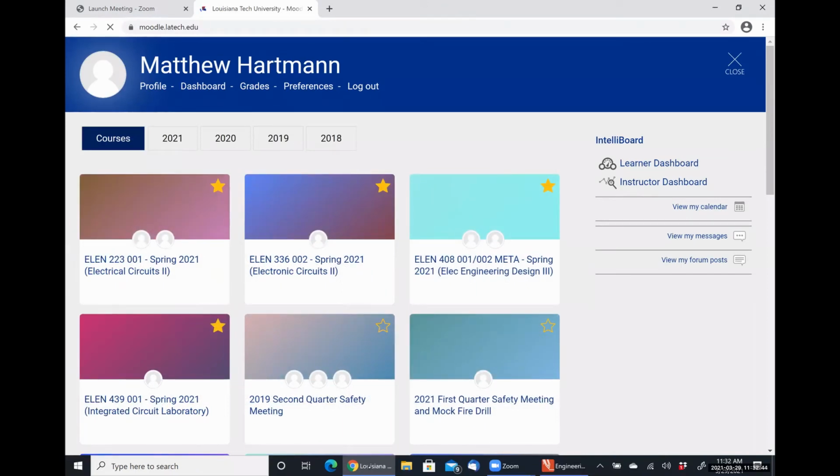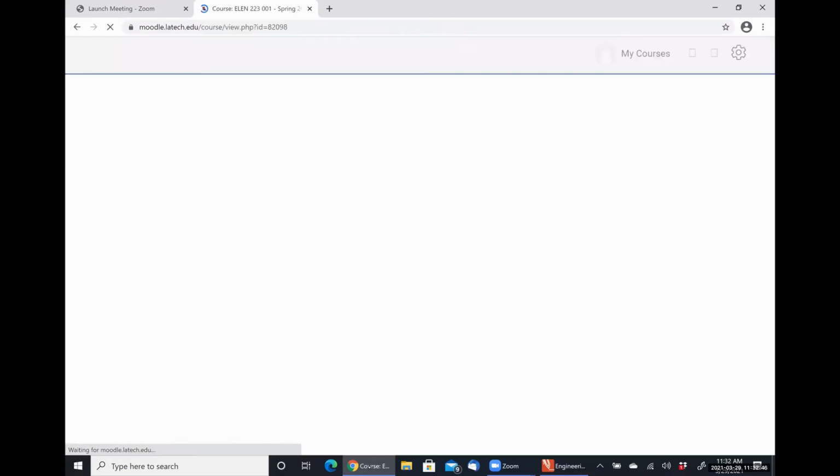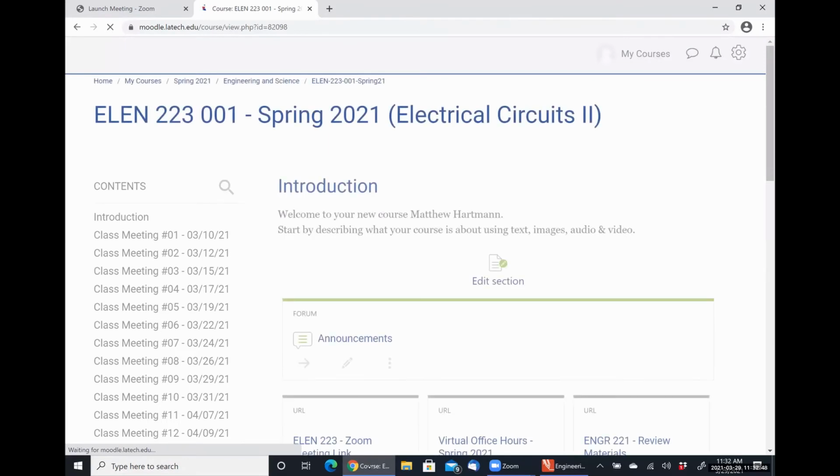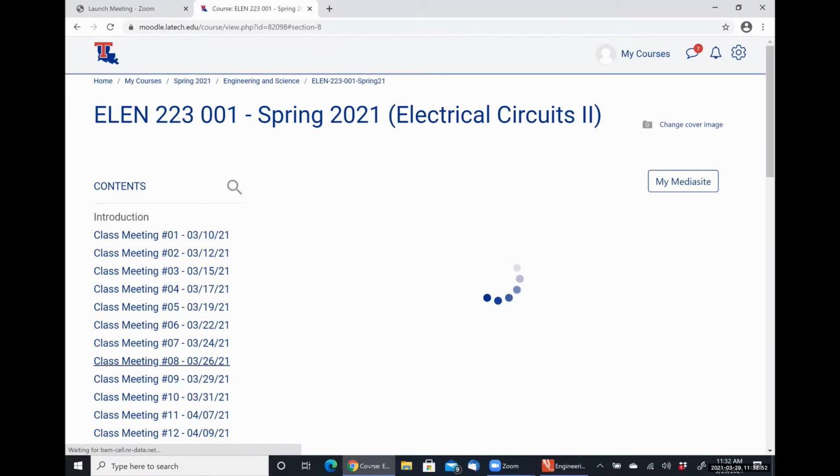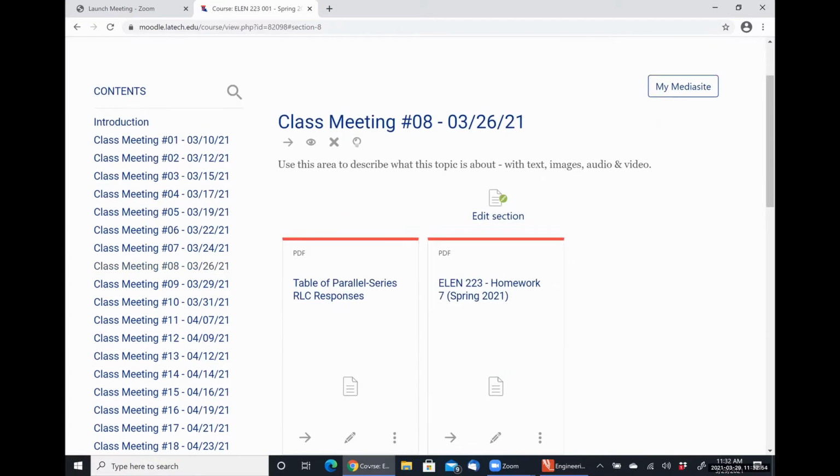ELEN 223. All right. If we go to class meeting number 8, which was last Friday's lecture, the sheet is right here where it says table of parallel and series RLC responses.